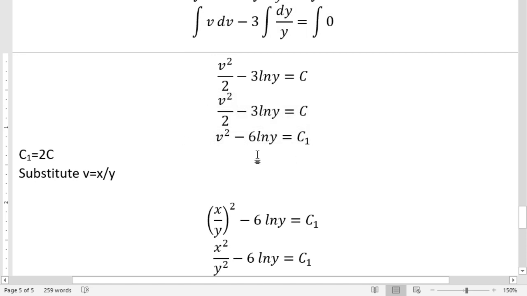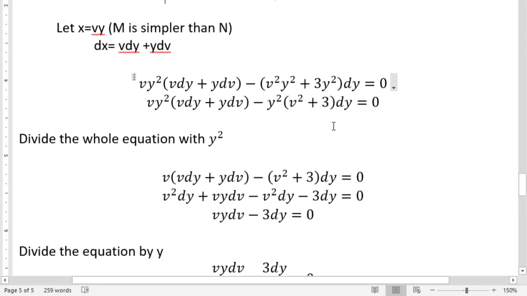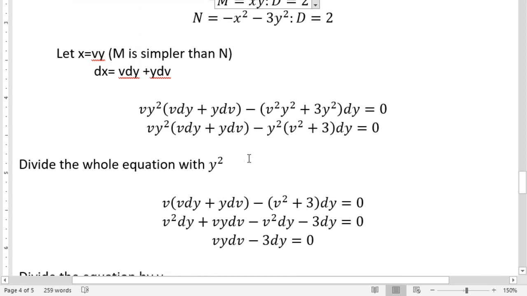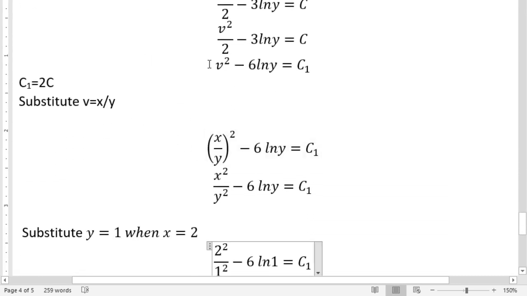So, v squared minus 6 ln y. And then, substitute back natin from the equation x is equal to vy. Makukuha natin na si v is x over y. So, substitute natin x over y, so x squared over y squared minus 6 ln y is equal to c1.